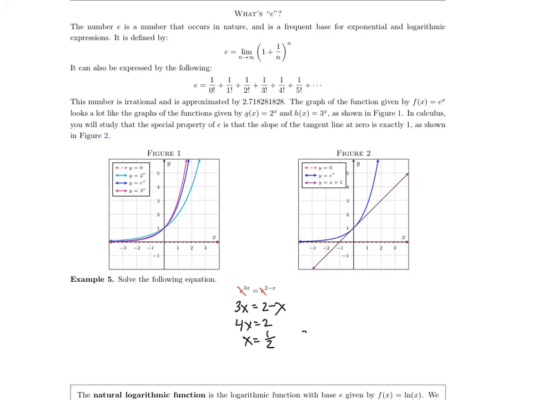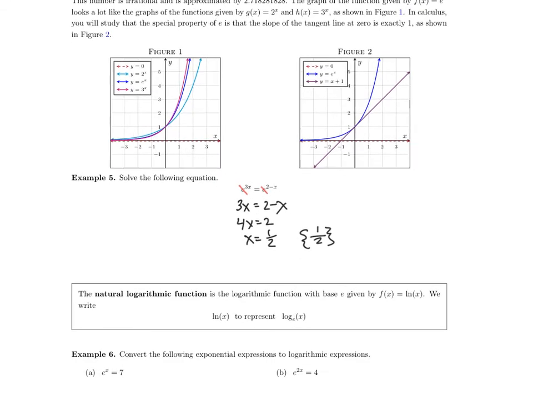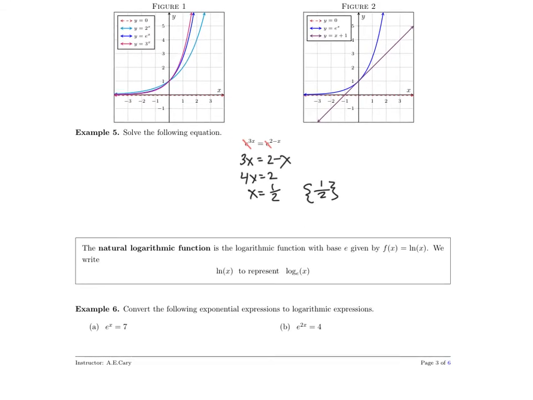Still going to write my answer in a solution set, but I do this to remind you that e is not a variable. E is a number. And in fact, when we use it with logarithms, it has its own special representation called a natural log. So the natural logarithmic function is the logarithmic function with the base of e.